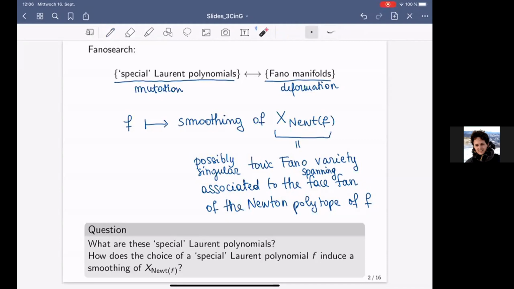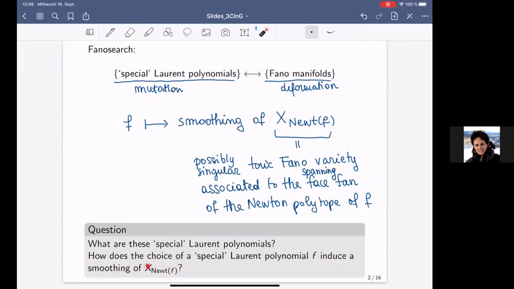Okay, and then basically there are two natural questions. The first one is, what are these special Laurent polynomials? What are exactly the mirrors of Fano manifolds? And the second one is, how is it possible that the choice of a Laurent polynomial induces a smoothing of a toric variety?